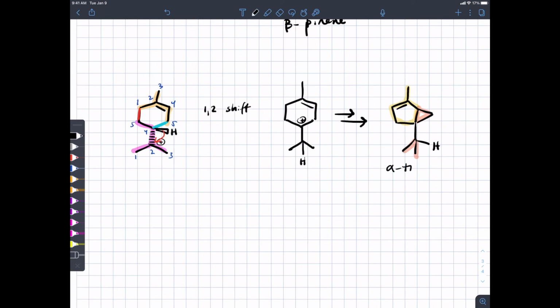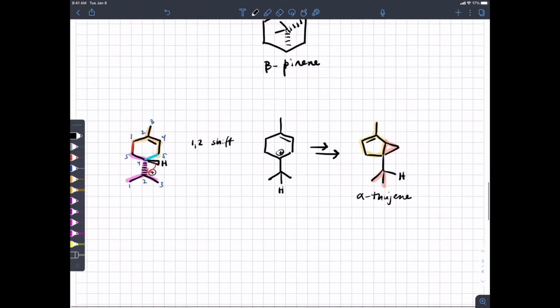That's called alpha-thujene, and I think you can find it in thyme and some other herbs. But there's a whole bunch of other things that can happen. For example, you can make limonene from this intermediate. Ultimately, menthol comes from that intermediate too.